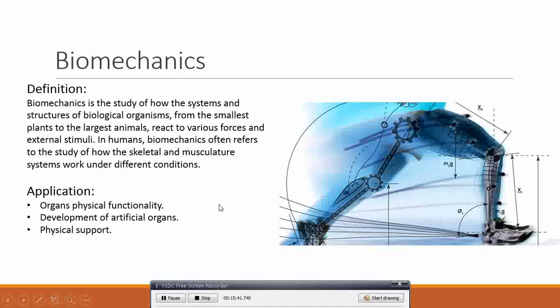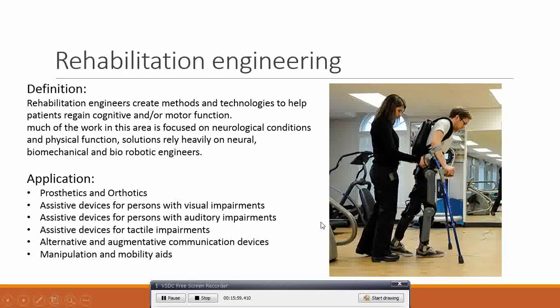And then physical support, contoh digunakan stretcher, tongkat yang tongkat 4 kaki ataupun tongkat yang 2 kaki, 3 kaki, tu pun termasuk dalam design biomechanics. Next important application yang orang kata is really what we call interesting is called rehabilitation engineering, right?